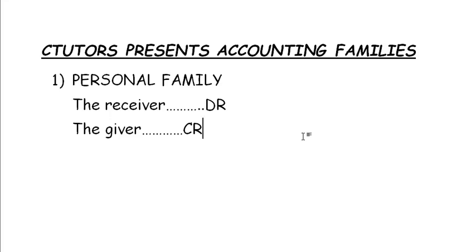So whenever you are preparing the ledger and you see a personal account and the person is a receiver, go to that ledger and debit the person. Whenever you're preparing a ledger account and you verify that the person involved is giving out, go to that ledger and credit the person.